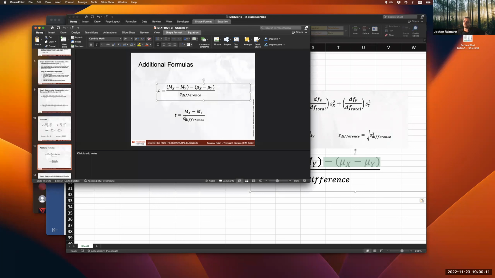And this is basically how this formula collapses to t equals mx minus my divided by this standard deviation of those differences that we have established based on the variability of each respective sample that has contributed to the estimate of the variability we would see in these differences derived from those random samples that we've drawn. So this is how we're characterizing our comparison distribution of these differences between the sample means.